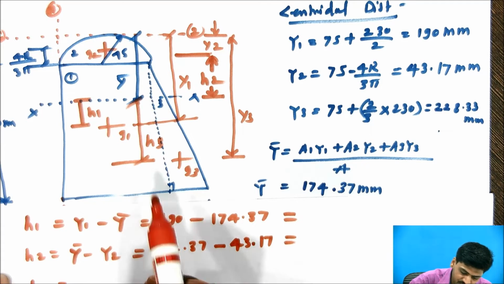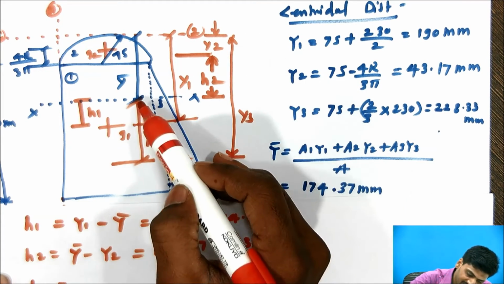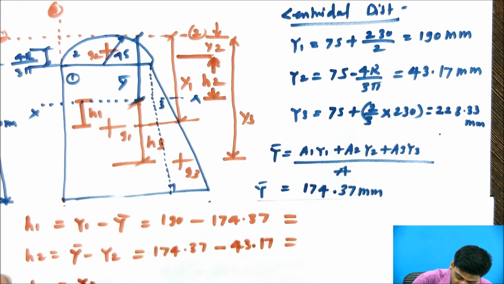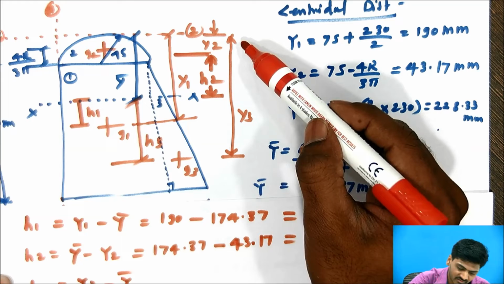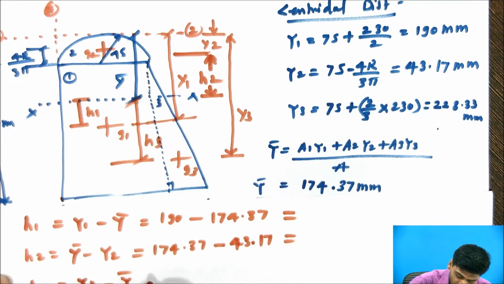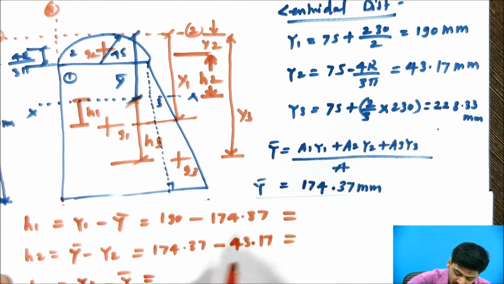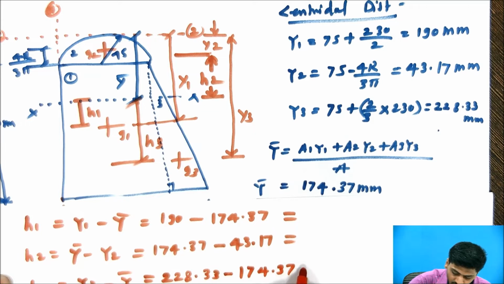Similarly H3, now this distance. So total is Y3. Y3 minus Y bar, let's observe. Total distance Y3 minus Y bar, you will get H3. Y3 is how much? Already we have calculated 228.33 minus 174.37.